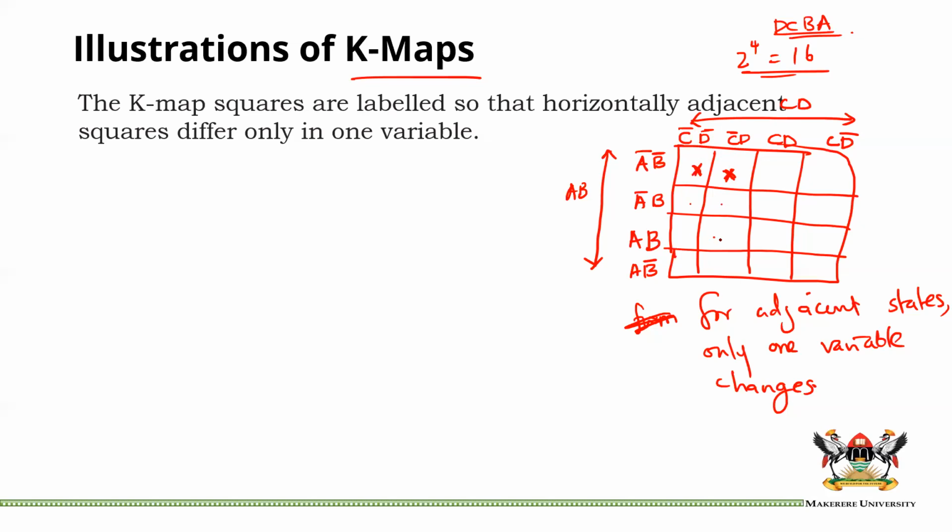If I check a state like this one and that one, in this direction, both of them are clearly AB, because AB means all of these 4 states.